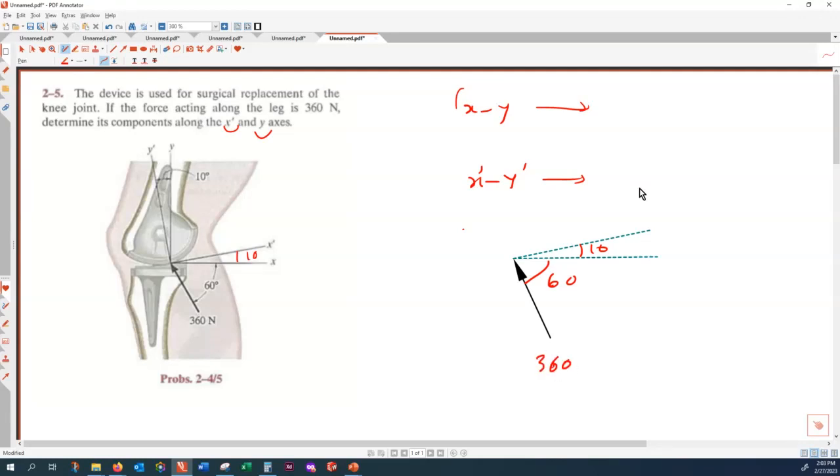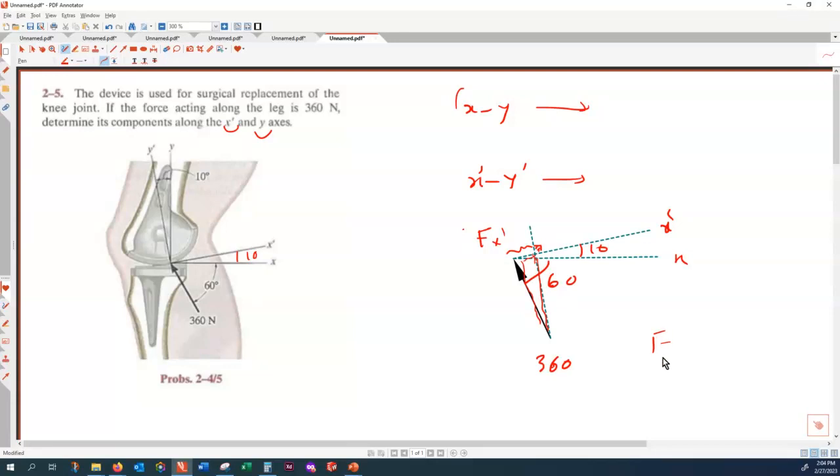Remember, how do you project? This is x prime. This is x. All you have to do is draw a normal from here to this line, because you want to project 360 over x prime. So I draw a normal. And all I'm asking is this one. This is called fx prime. Here I have a triangle with a right angle.